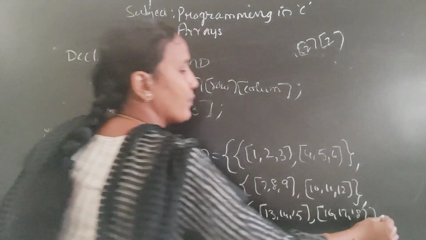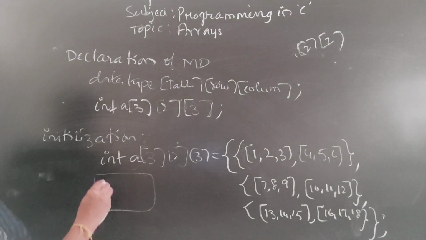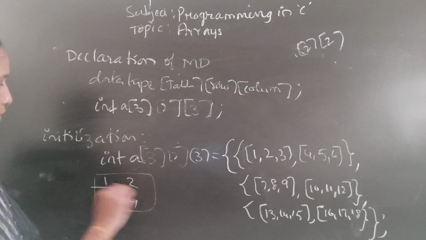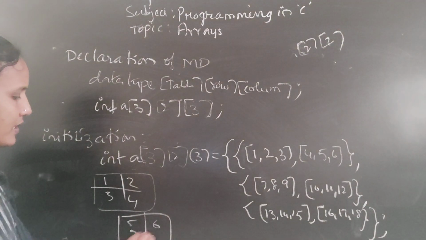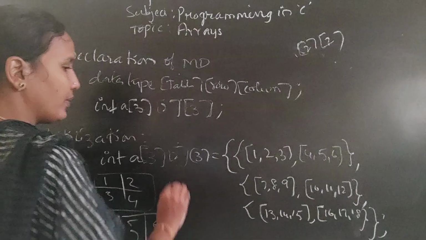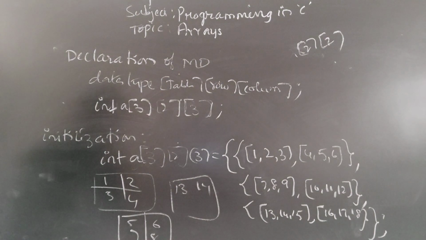Simple. So how will you get the first table? Like this: 1, 2, 3, 4. Second table 5, 6, 7, 8. And third table like this, 13, 14. Just a minute.